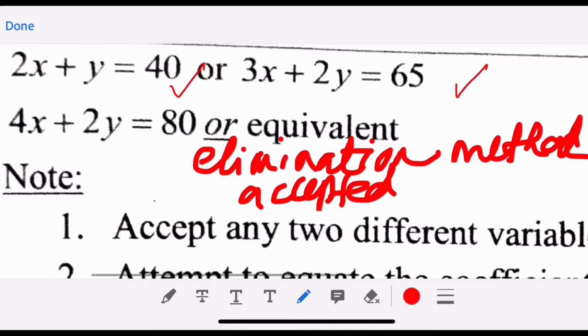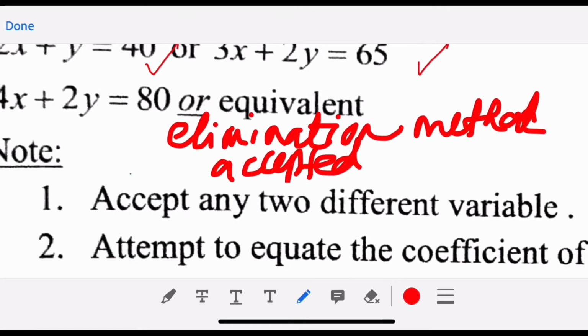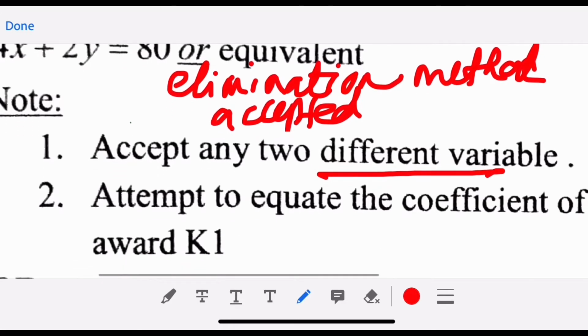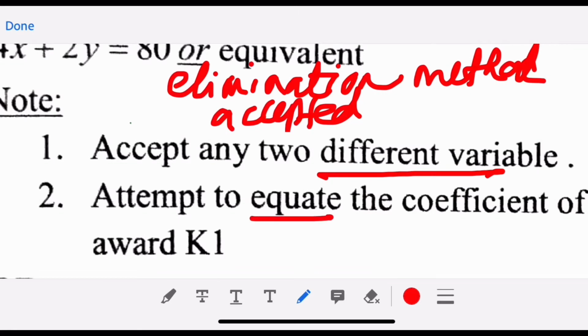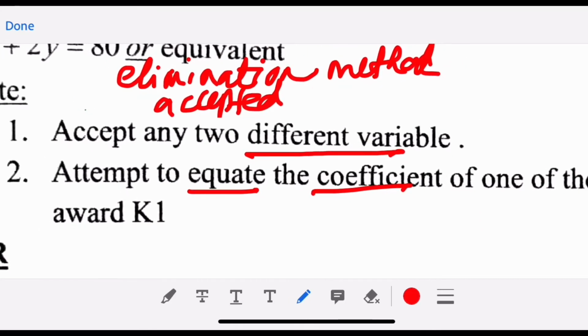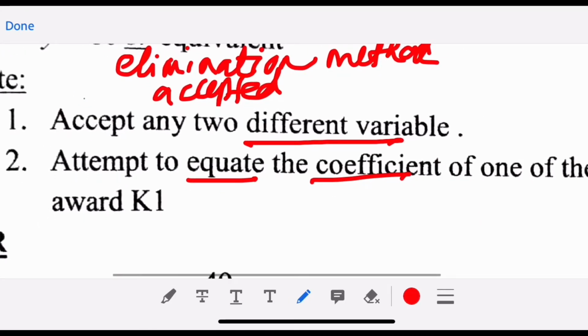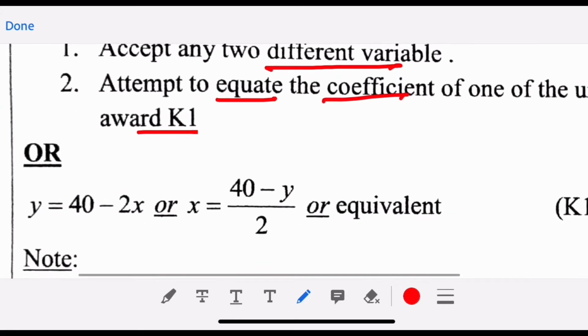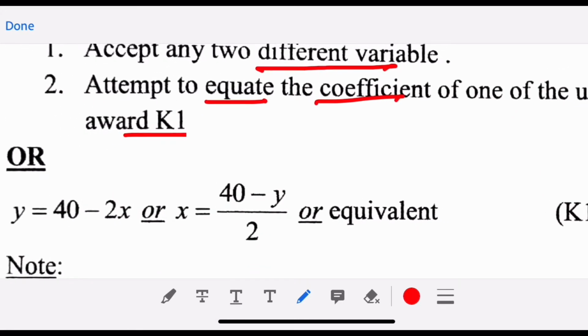Okay, you have to times with a certain number to make one of the unknowns equal, then you solve it. Alright, so if you try to equate the coefficient of one of the unknowns, they will award you K1. So not to worry, you just try your best.